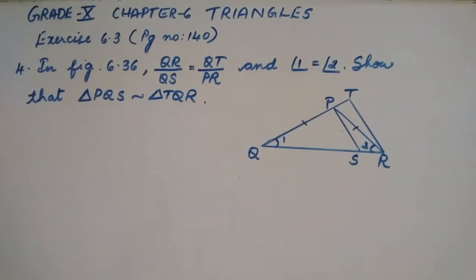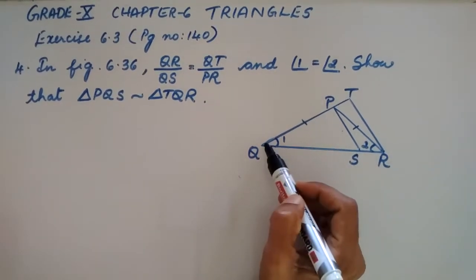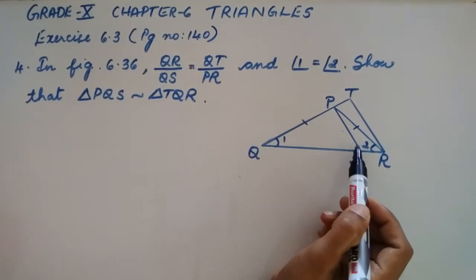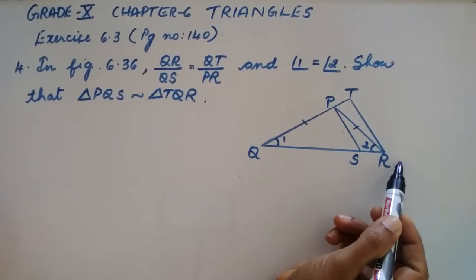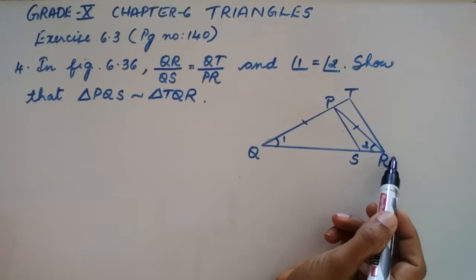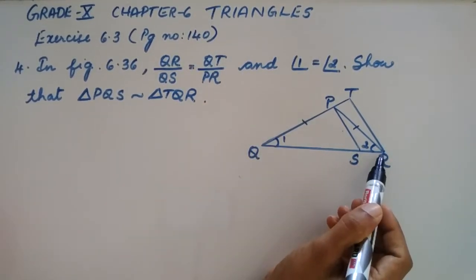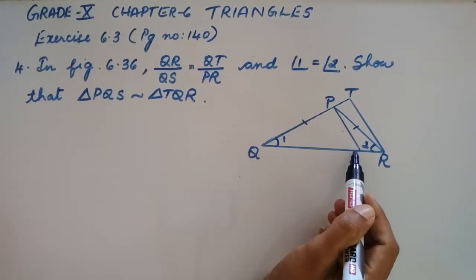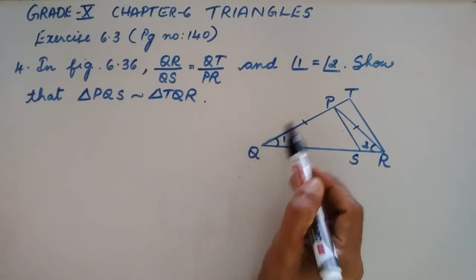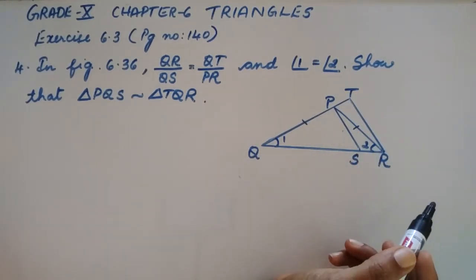Next, now see in triangle PQS, the small triangle, and the triangle TQR, the bigger triangle. Here we have QR by QS is equal to QT by PR.